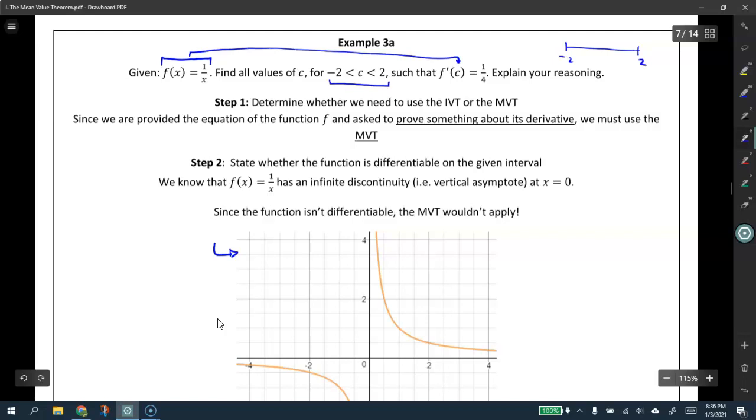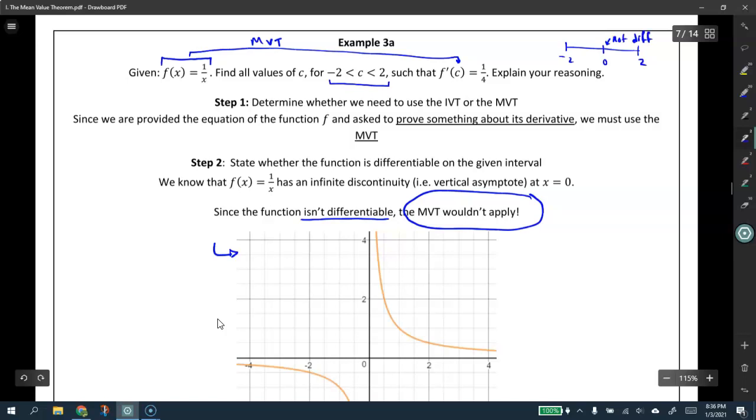We understand that given a function and them asking us for the derivative means that we have to work with the MVT. However, one thing that we notice is the MVT cannot be applied here, and the reason is that this function is not differentiable when x is 0, right? So it's not differentiable there.